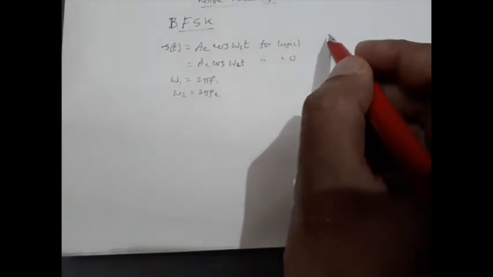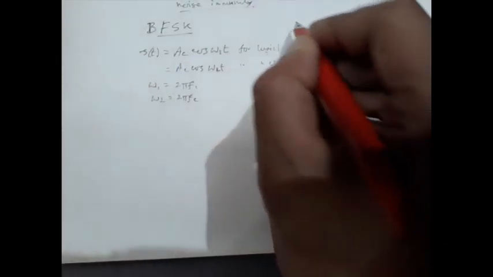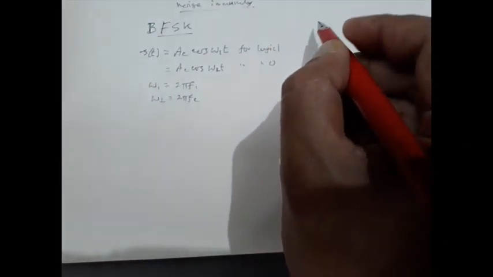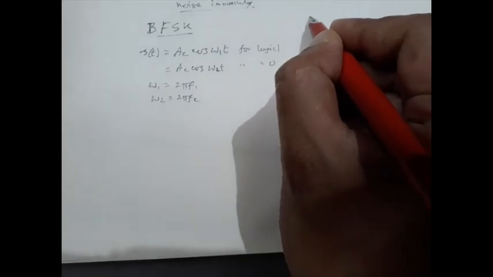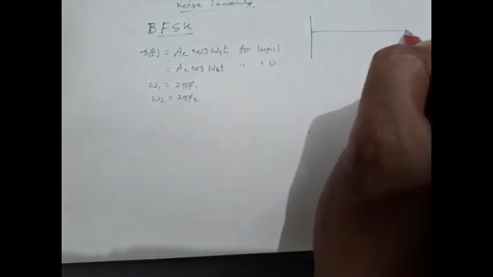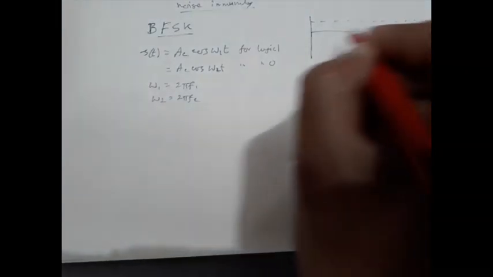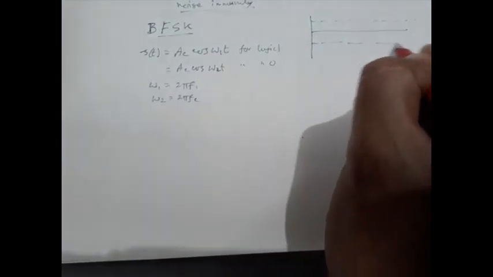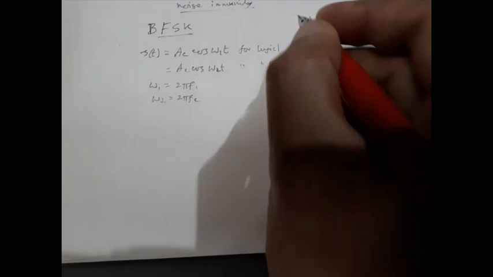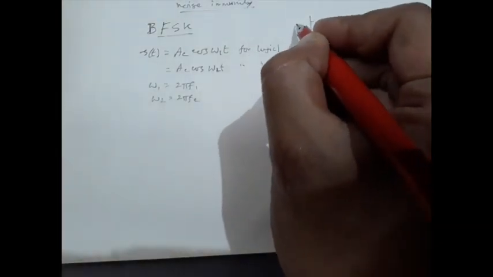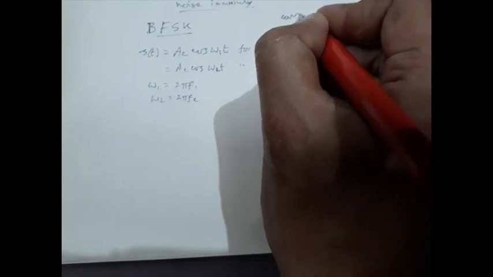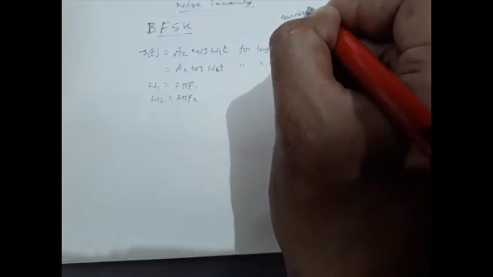So to understand this FSK, let us take an example. Consider this as the F1 frequency, carrier 1, the first carrier.